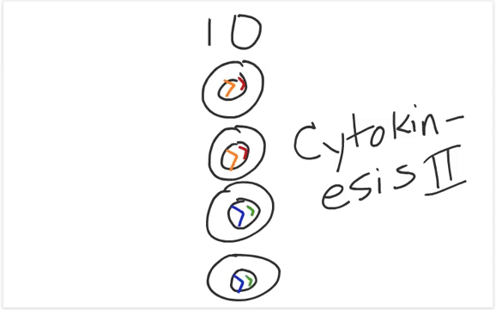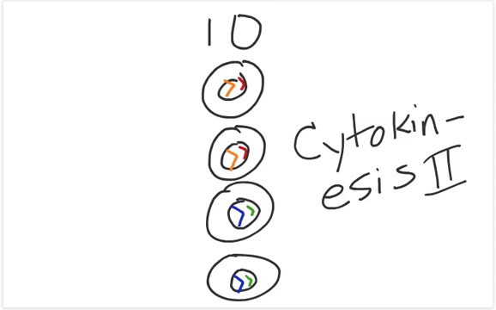So in the first one, look back at number 1, you see that there's a red, a blue, a red, orange, and a green chromosome in the first cell. They had all 4 chromatids. Now these cells only have half. It could be just random which half they get.